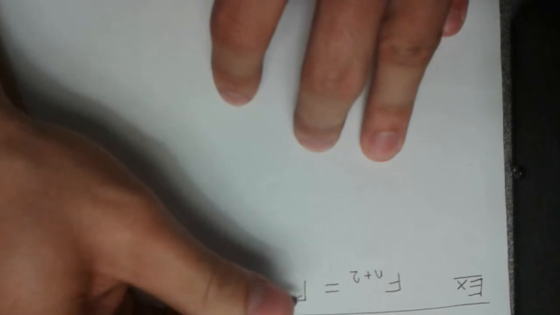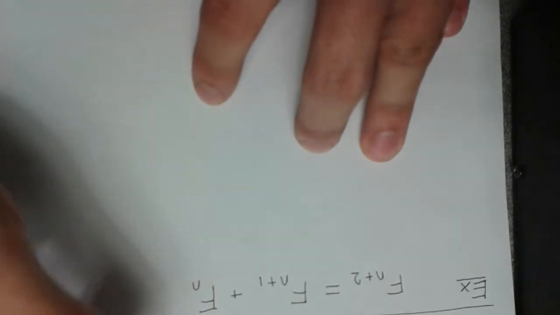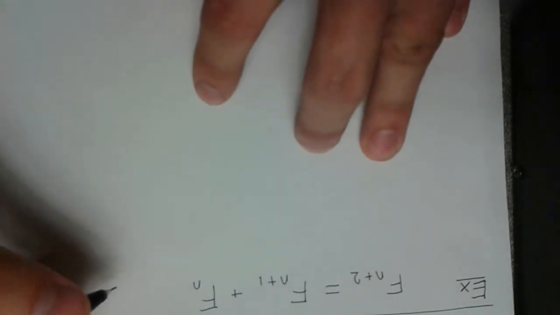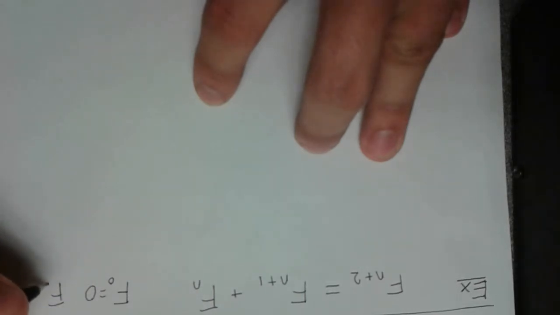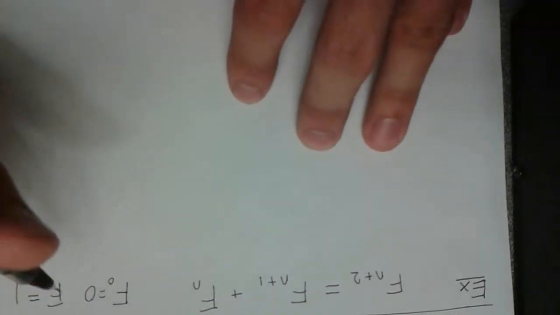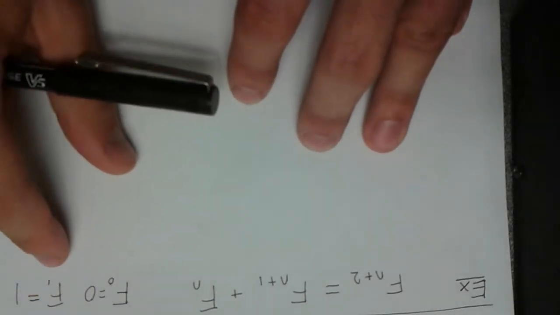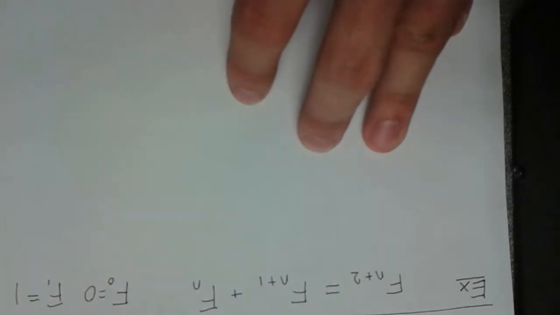So, for example, the Fibonacci sequence. I'm going to say f0 is equal to 0 and f1 is equal to 1. The reason I choose this and don't say f1 and f2 are both equal to 1, these are equivalent, but it's just going to make it slightly easier in the end.